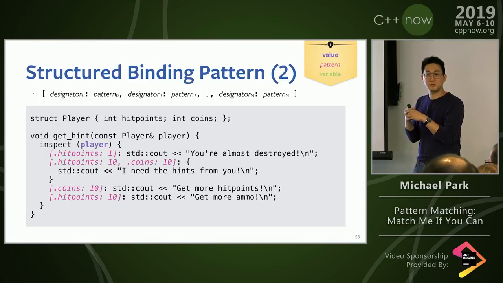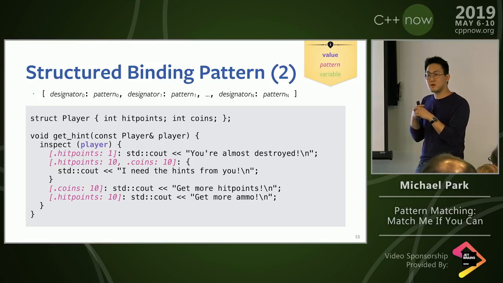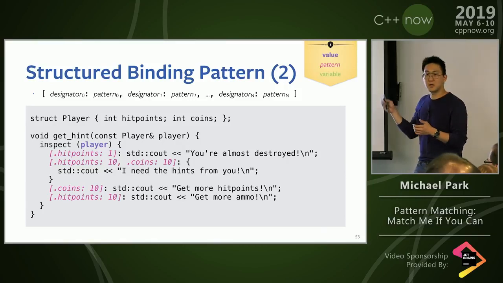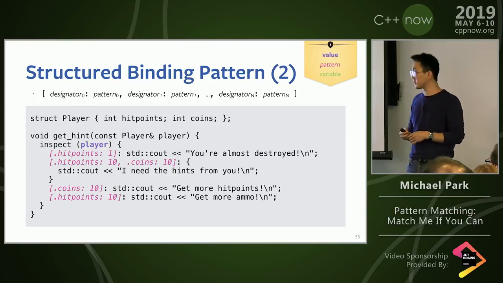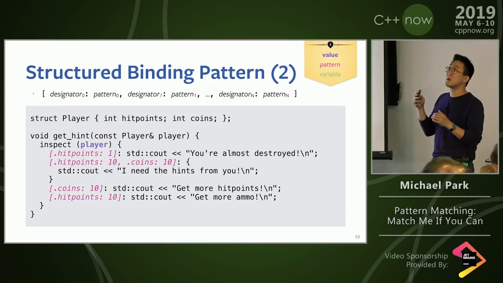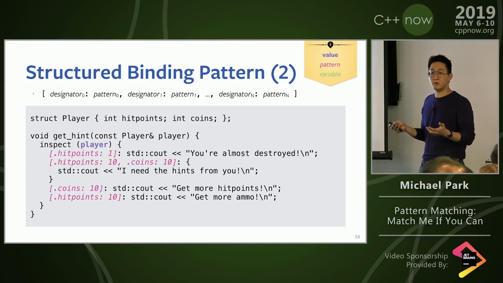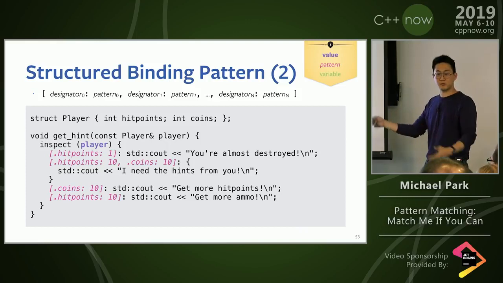But dot hit points dot x is not supported as we've specified it. So the question was, can you say dot hit points dot x to get to the x field? As we specified it, no. You have to say dot hit points colon square brackets dot x colon something close square bracket.